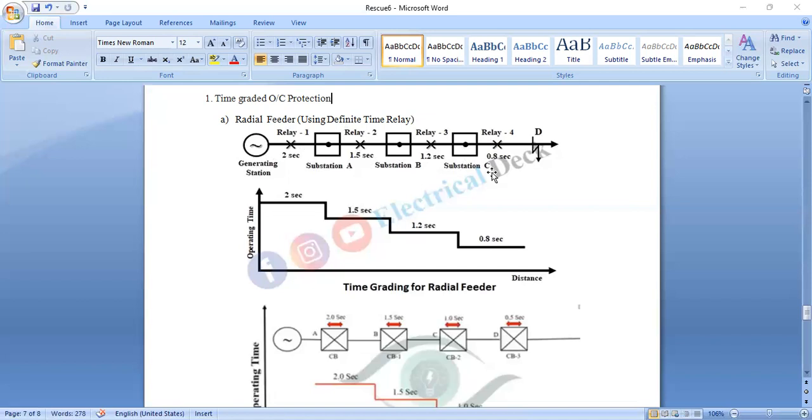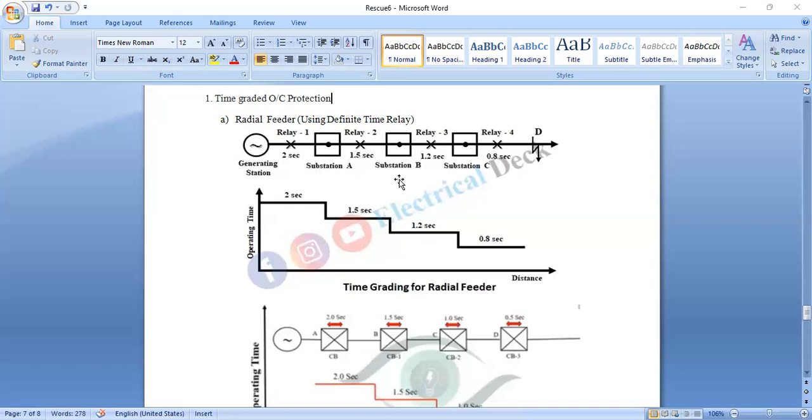So this relay operates because it has the smallest operating time. Again, this is the desirable operation, because it is expected that the smallest possible part of the system should be isolated in the case of a fault.